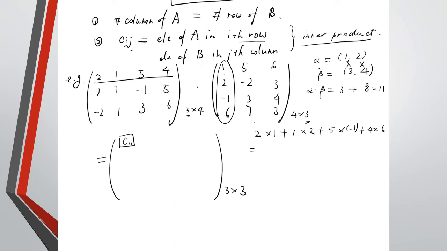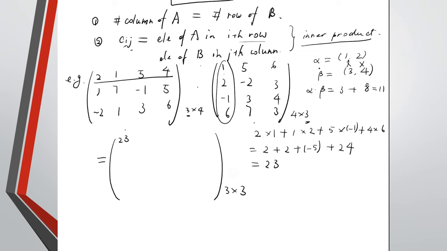Okay, let's do it: 2 plus 2 plus minus 5 and plus 24. You can use a calculator or you can just do it on your piece of paper. So we have it as 23. So we can replace this one with 23. Okay?